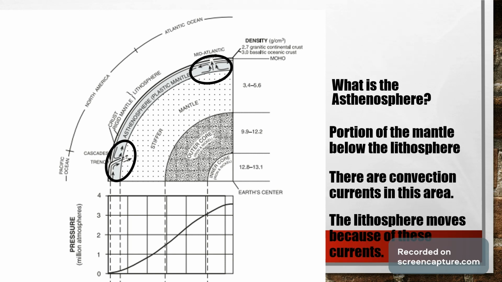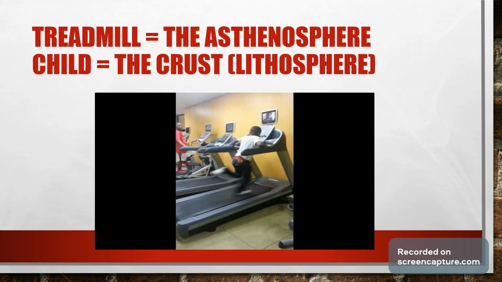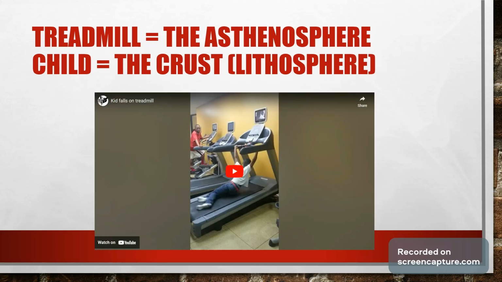So when the rock underneath of us is moving, what's going to happen is the crust is going to get pulled along with it. Now, I'm not going to play this video right now. I'll show it to you guys in class. So I want you to think about the treadmill being the asthenosphere, the convection currents underneath the crust, and the child being the crust or the lithosphere.